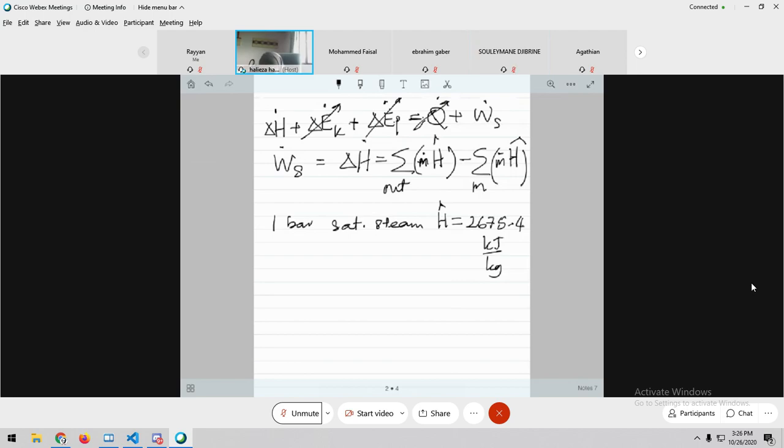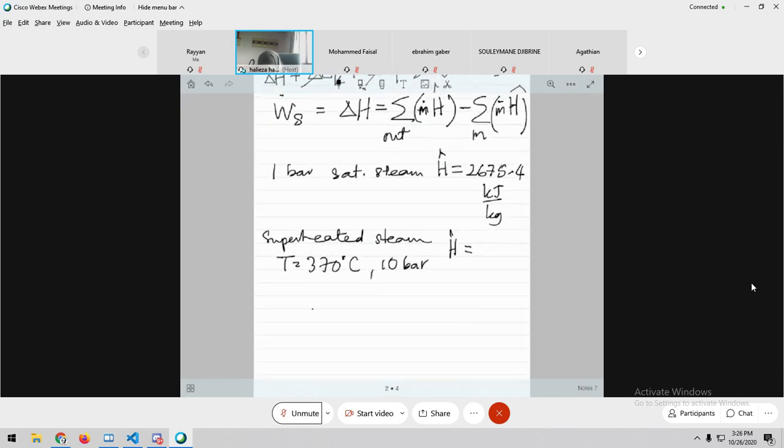Your inlet enthalpy, superheated steam at a temperature of 370 degrees C and 10 bar. What did we get for the enthalpy now? We need to interpolate. That's the problem, we haven't got any value yet.